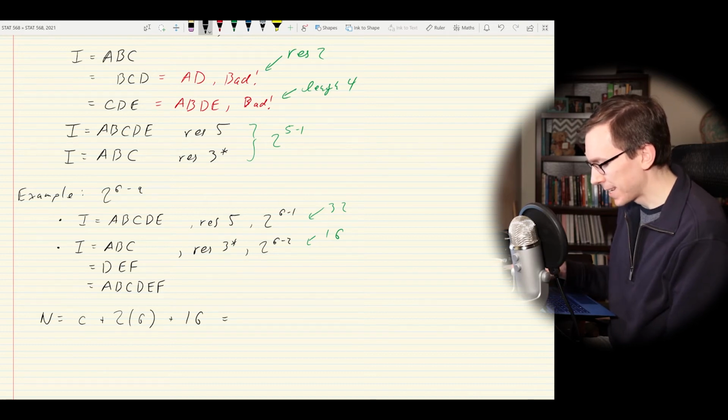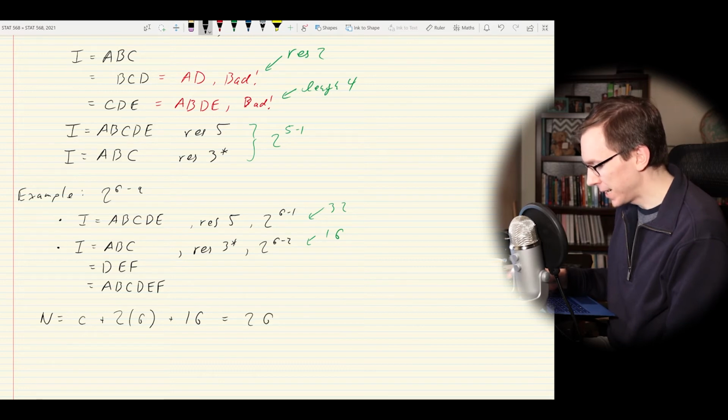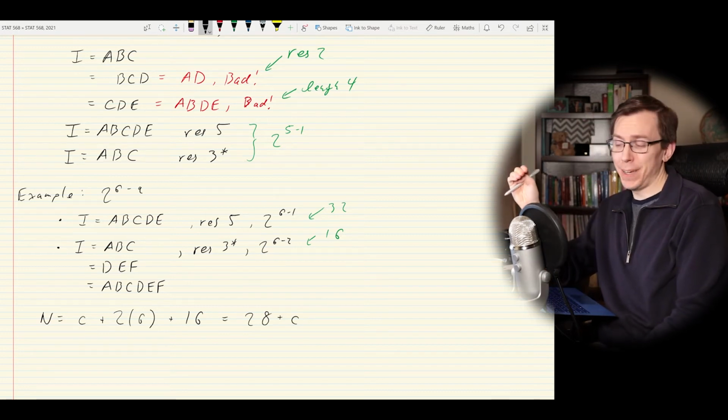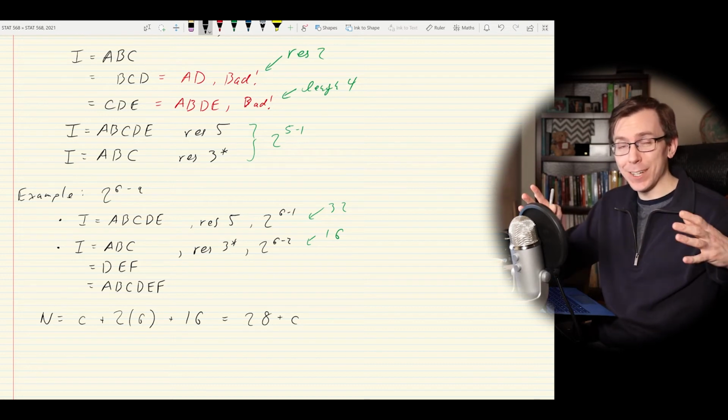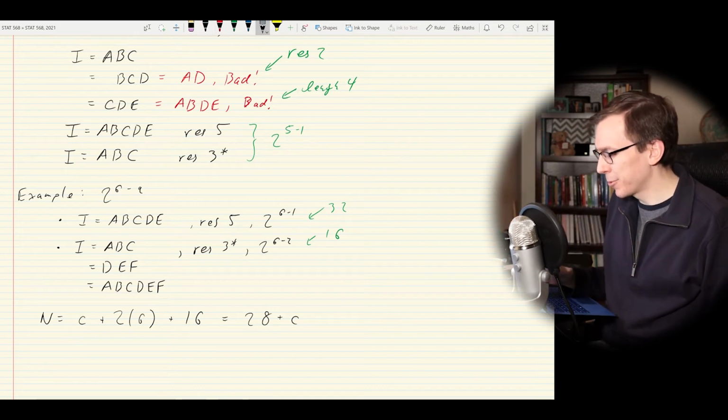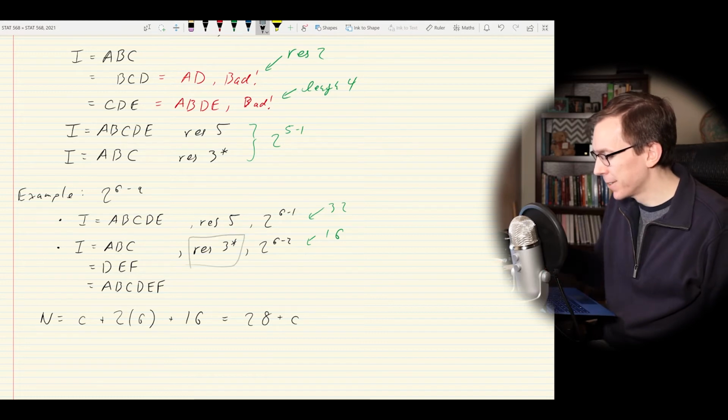What I end up with is 12 plus 16, which is going to be 28. So we're going to say 28 plus however many times I replicate the center point, which is much, much better than, say, starting with 32 or 64 points. And that's where the 3-star design can save you.